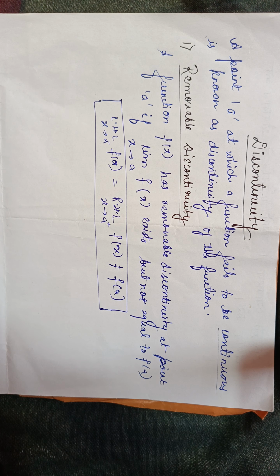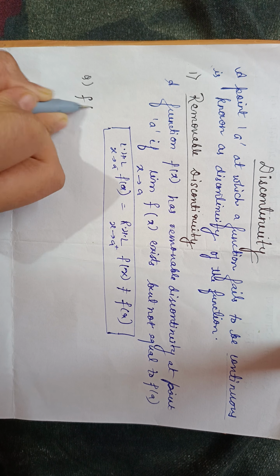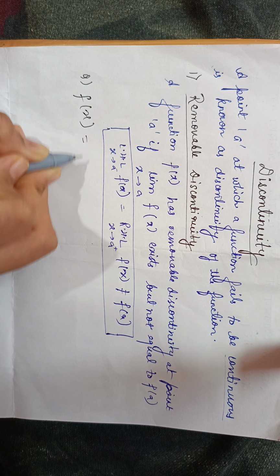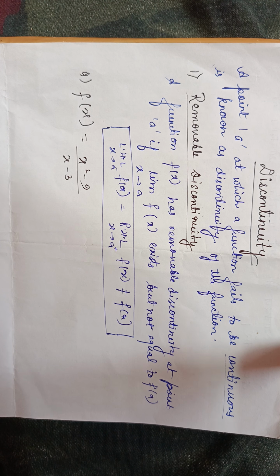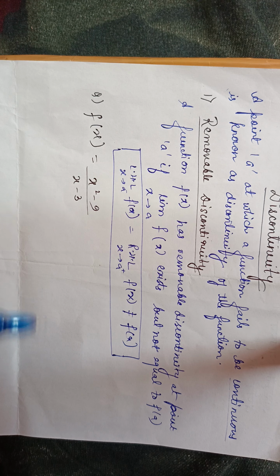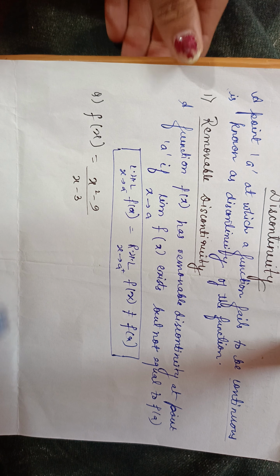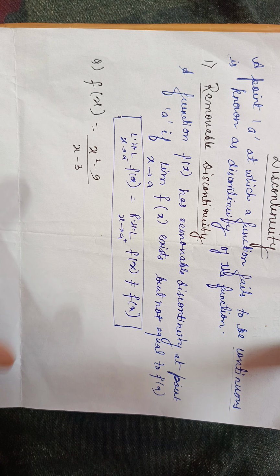All right, so let us take an example to understand this more clearly. For example, you are given f(x) equal to (x square minus 9) upon (x minus 3). Okay, so we have to find its limit. This is a continuous function, but at the point x equal to 3 it will not be continuous.